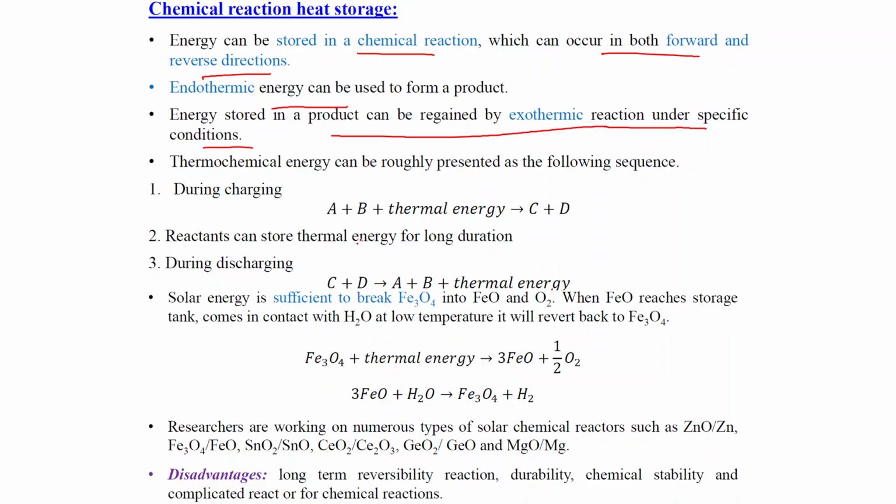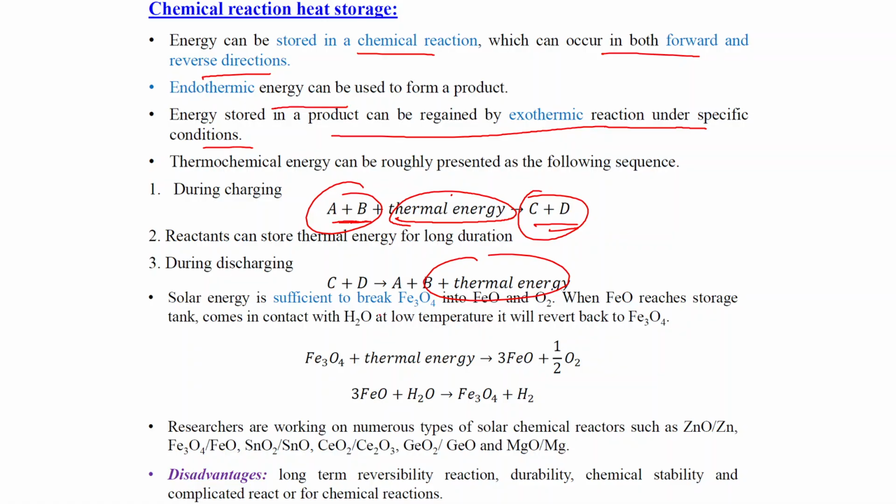For example, during charging, suppose A and B react in an endothermic reaction, taking thermal energy to produce C and D. If you mix C and D together, then they will form A and B, producing thermal energy. So this is basically reversibility.